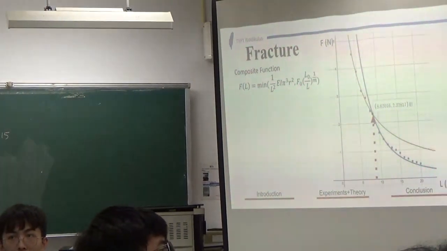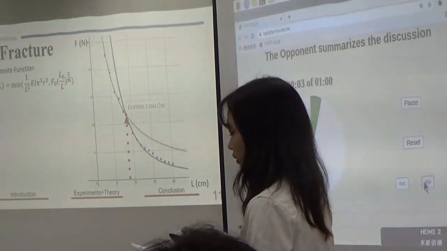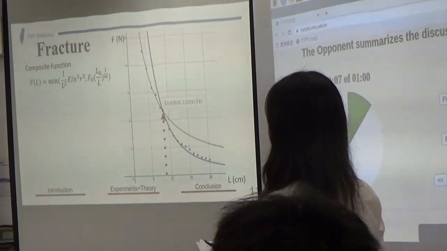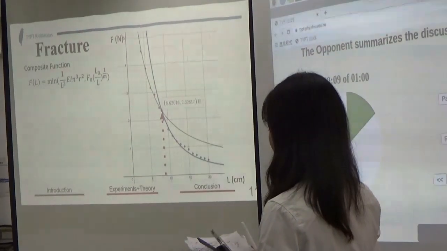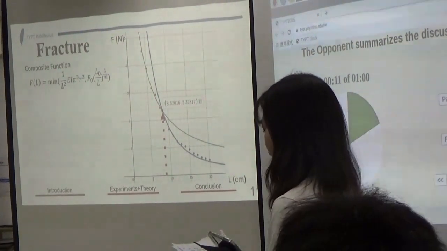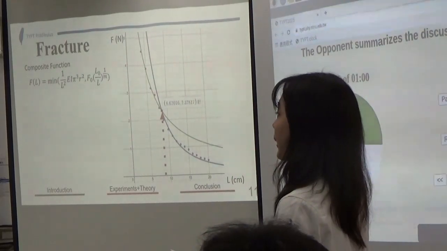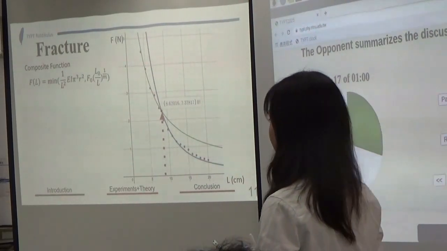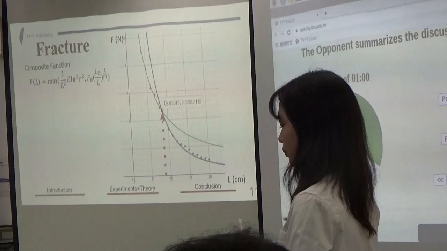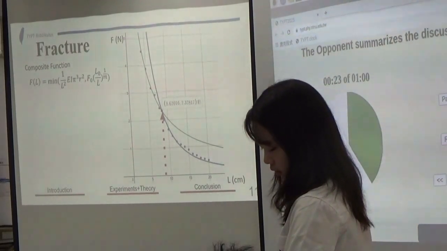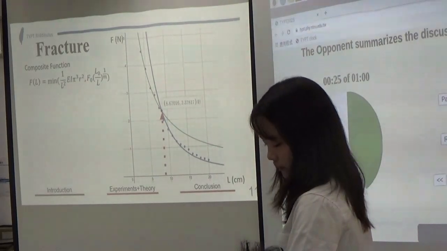Okay, so we have discussed why the error was big, and they said that it is because the stress is a probabilistic phenomenon, and that they didn't consider the humidity and the environment. But the opponent thinks that since humidity is an important variable, we need to consider the humidity and the environment.